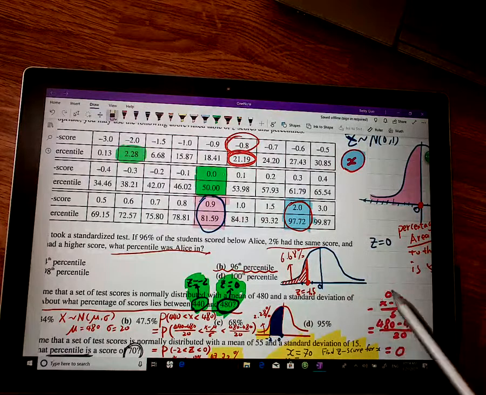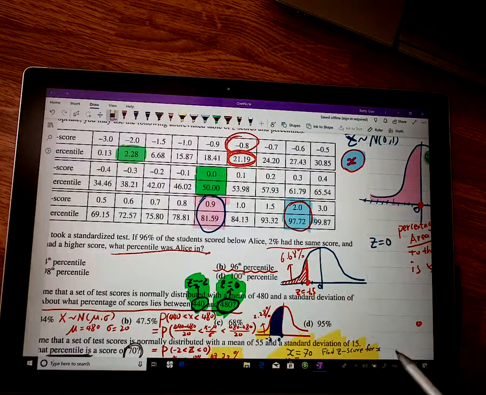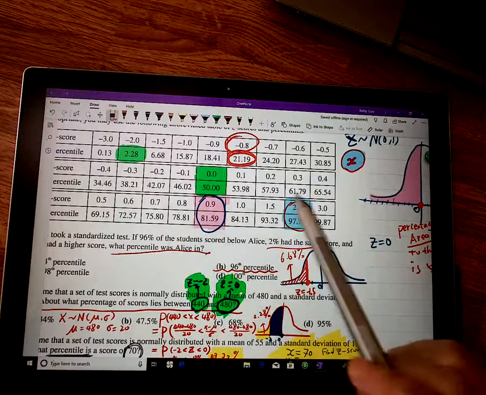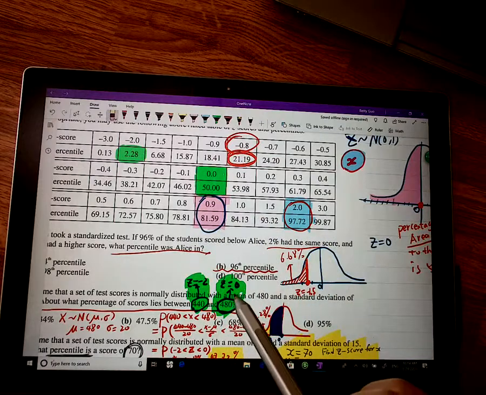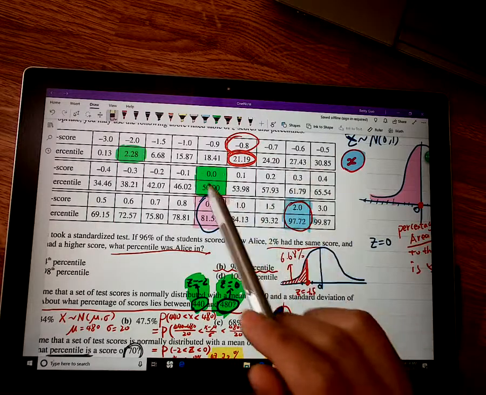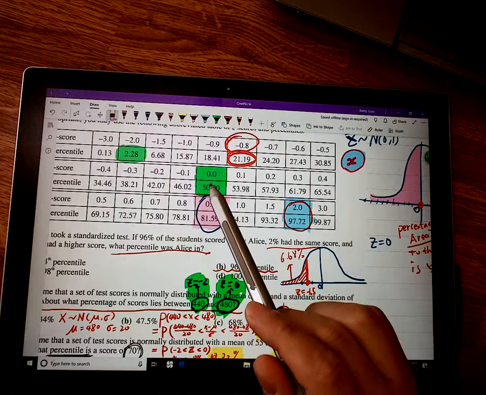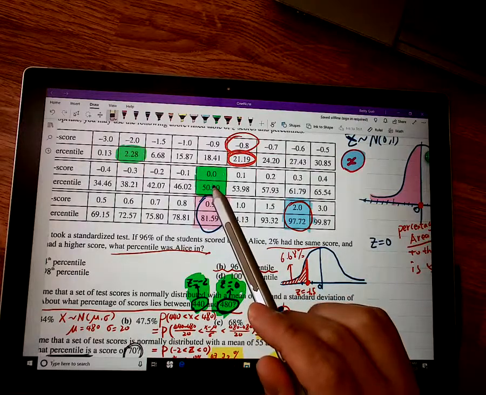So now we know about 2.28% is below 440. And then let's think about 480. Because the Z-score of 480 is 0, we know 50% of values are below it.